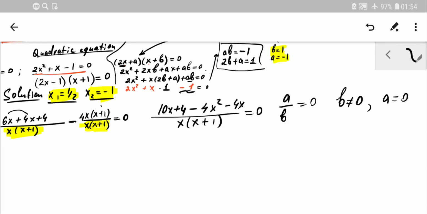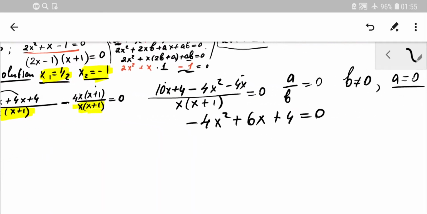In this case, we have the top part of the fraction, which is 10x plus 4 minus 4x squared minus 4x. I simplify that and get 4x squared with a negative sign, and 10x minus 4x is 6x. So I add 6x and add 4. The result is 0 because the top part should be 0. Now we need to solve that.